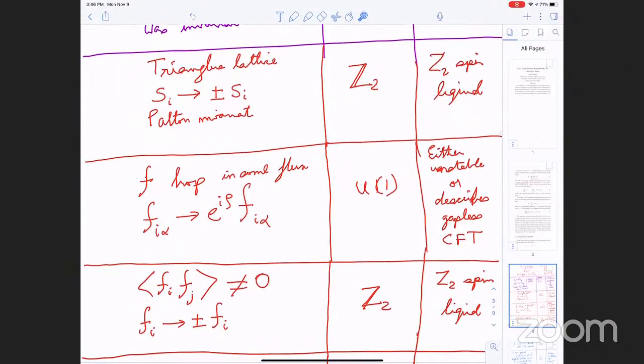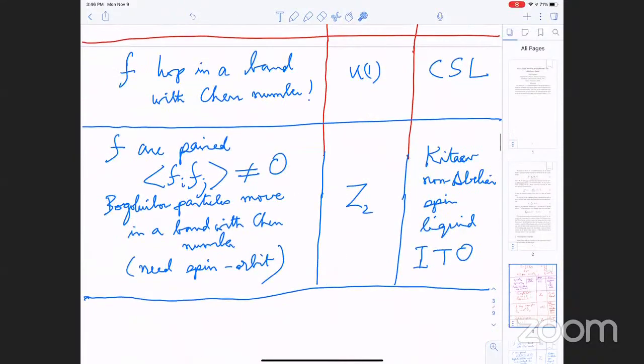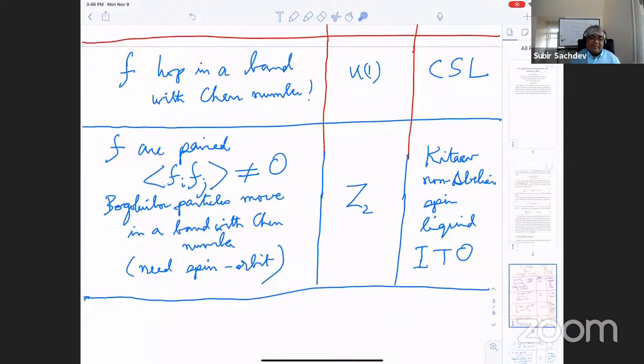So I have a quick question about the comment you made before, that we don't work with bosons because if they get a band, they just condense. What does this mean exactly? Well, suppose you have some emergent gauge field and you want your gauge field to acquire a Chern-Simons term.